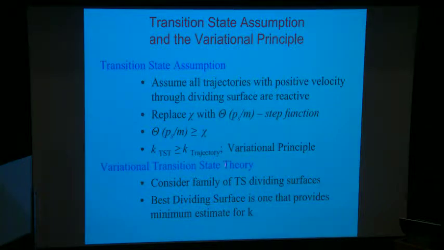So we have these transition state assumptions. We get an overestimate. That gives us a variational principle, and then we do variational transition state theory. We consider a family of transition state dividing surfaces. The best dividing surface is the one that provides the minimum estimate for the rate constant. For barrierless reactions, the transition state might move by multiple angstroms as you vary the energy or temperature.